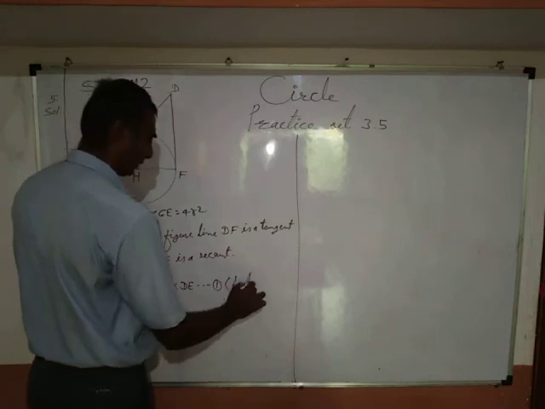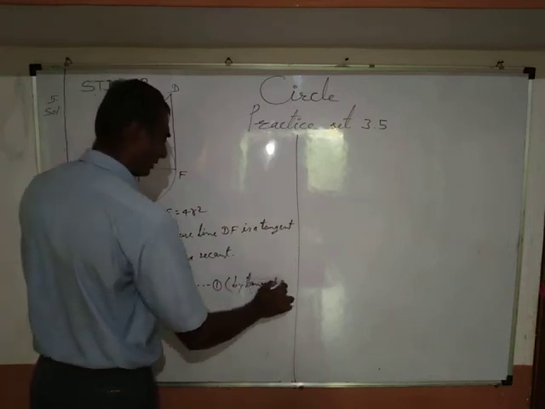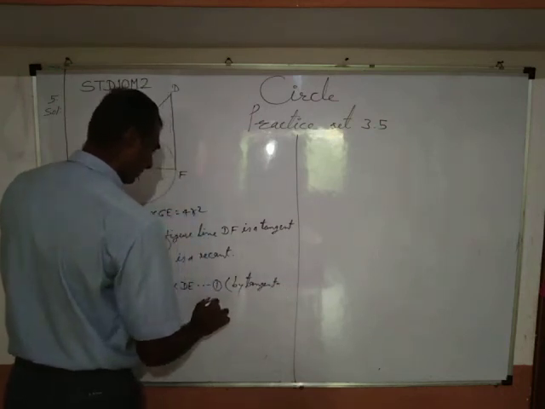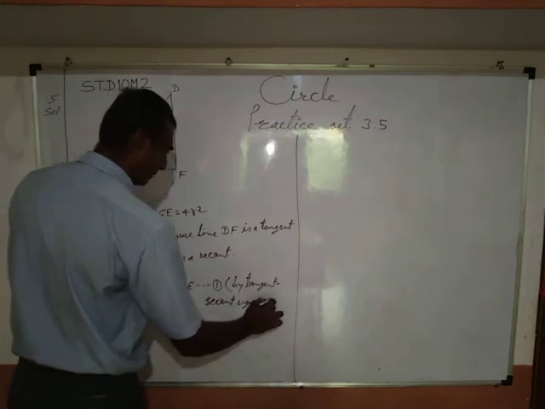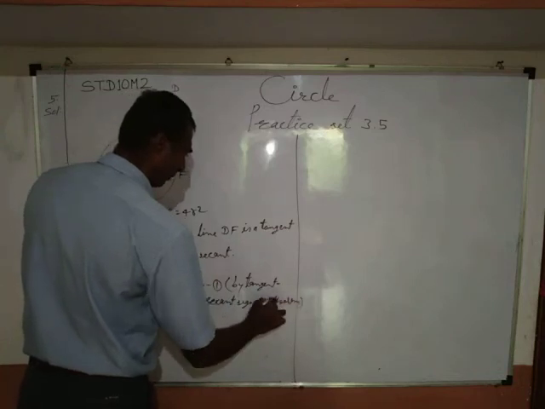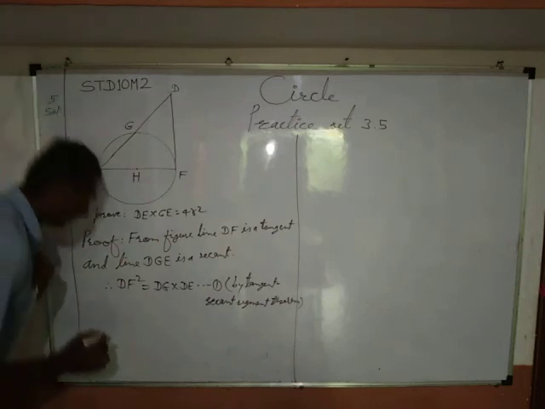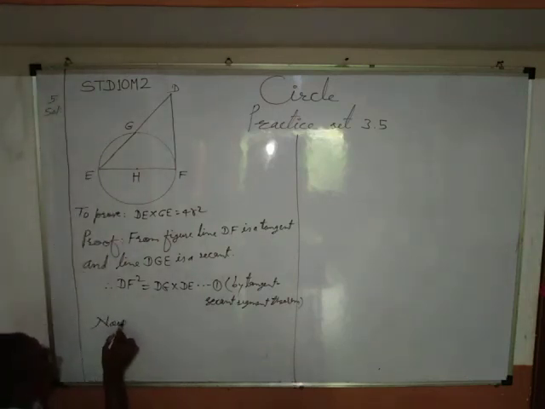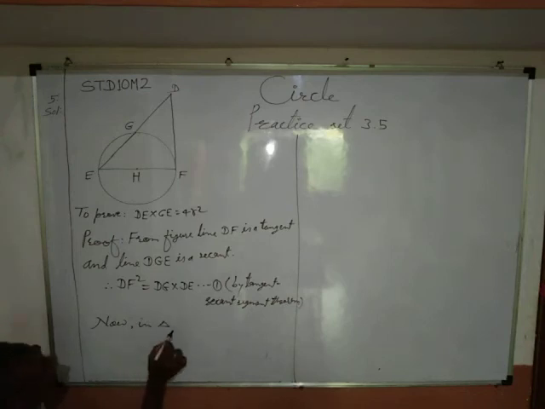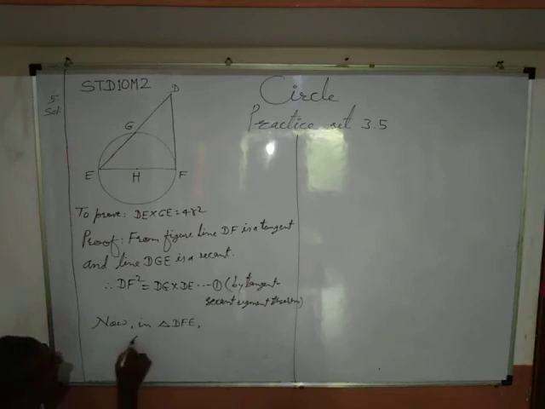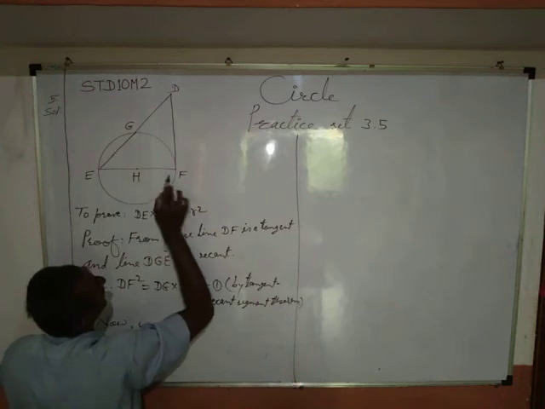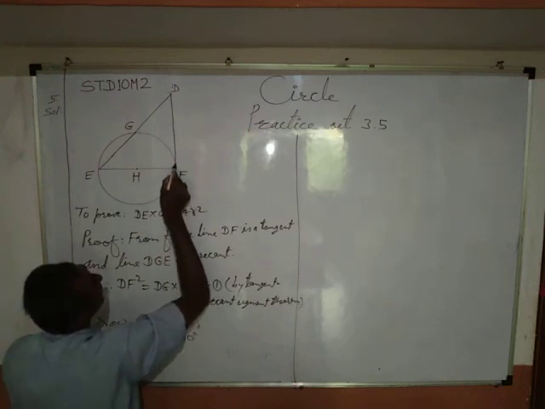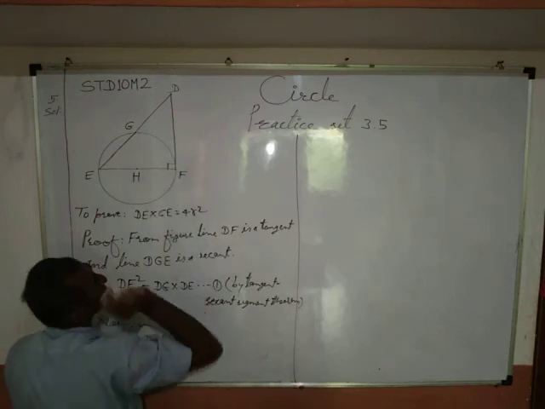By the tangent secant segment theorem. Now in triangle DFE, angle DFE equals 90 degrees, because DF is a tangent, EF is a diameter, meaning the radius through the point of contact of a tangent is perpendicular to the tangent.